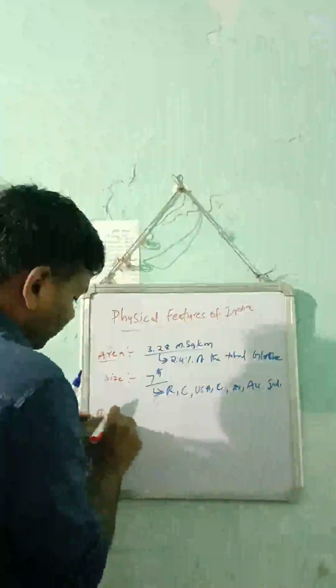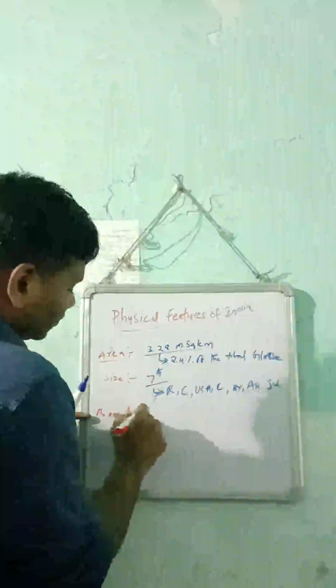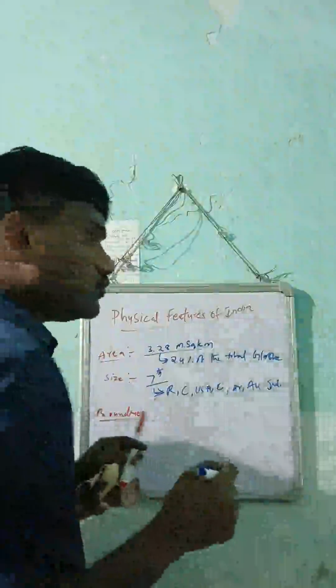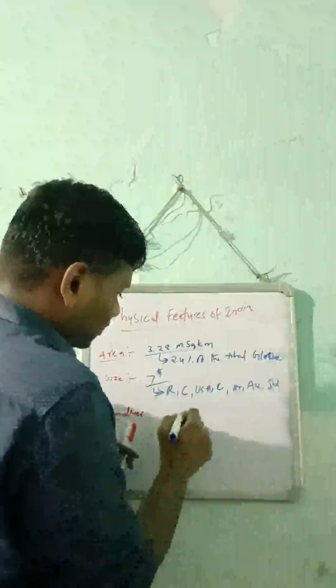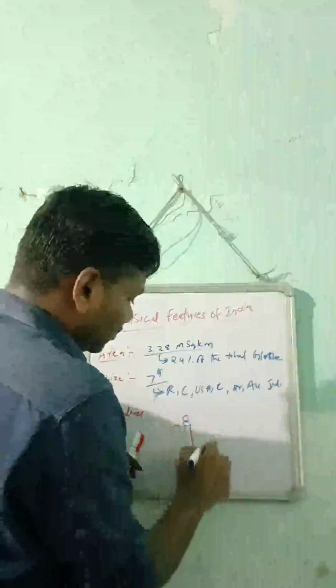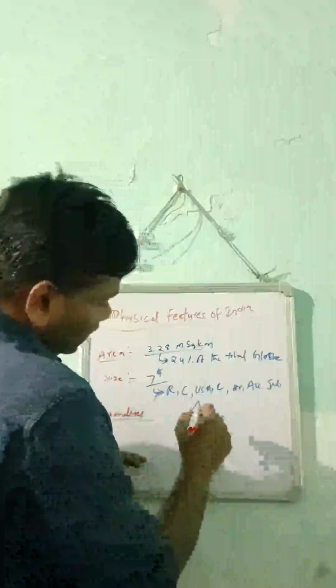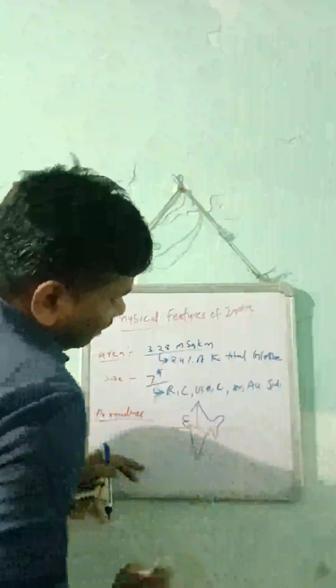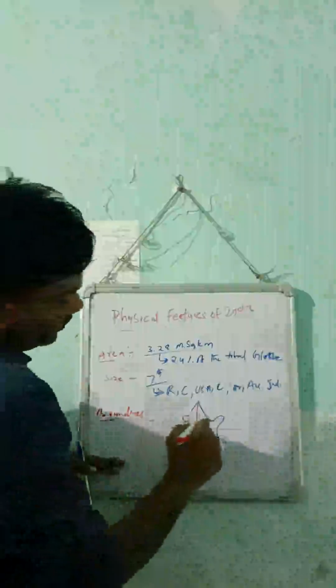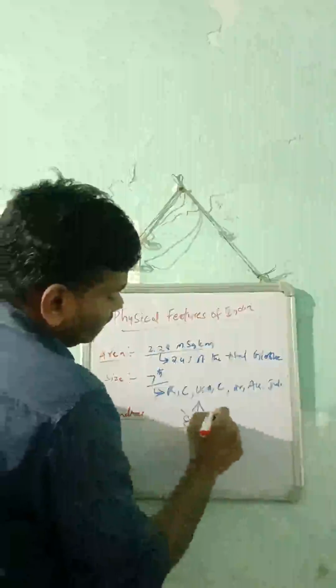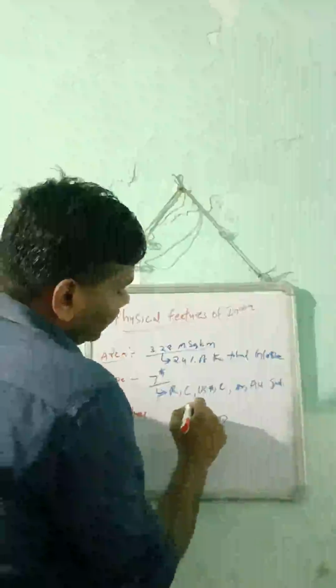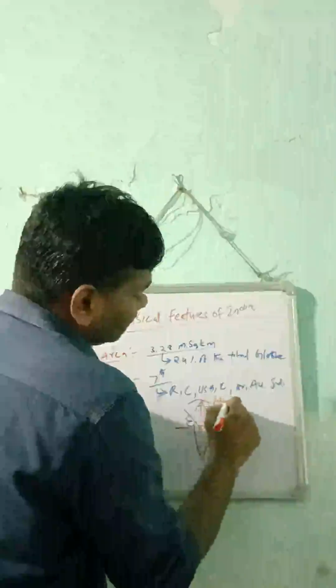Next, boundaries of India. See India: the northwest, northeast and north side is covered with the Himalayas.